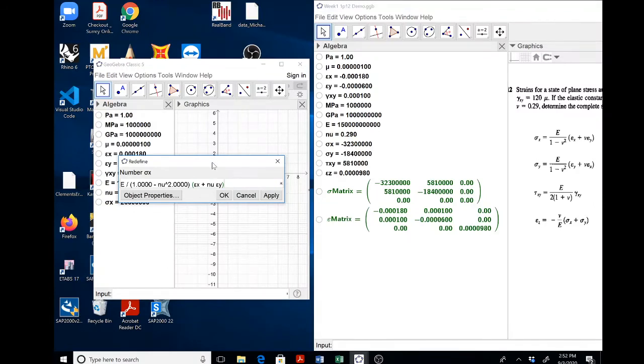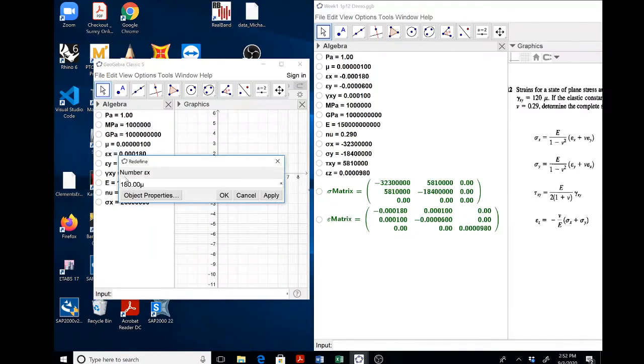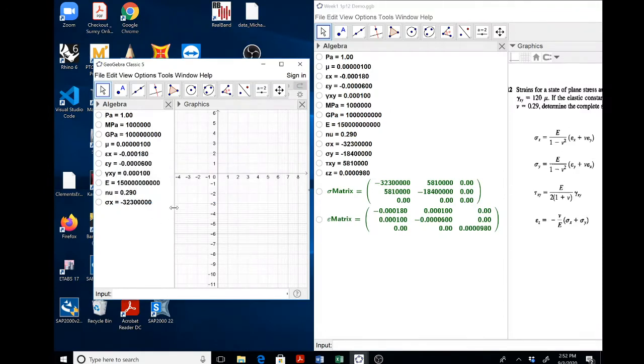Epsilon x plus nu epsilon y. Oh, I think I forgot to put a minus sign in here. My granddaughter calls those oopsie poopsies. Okay, so now sigma x matches my demo here.